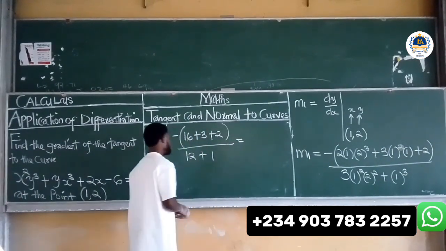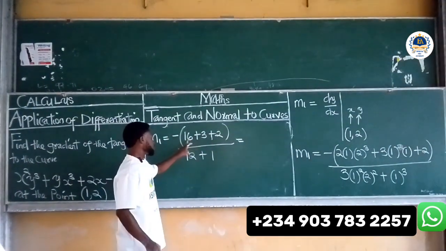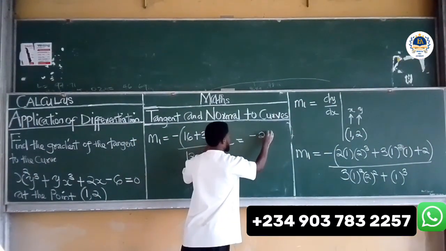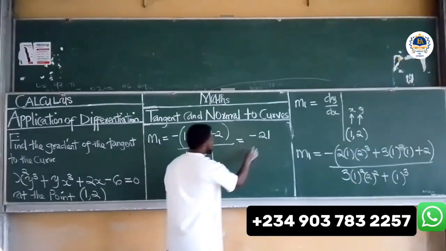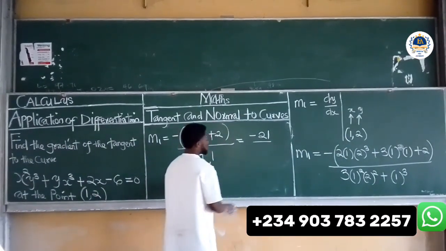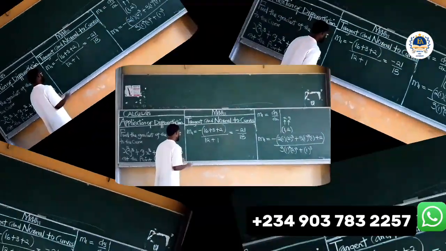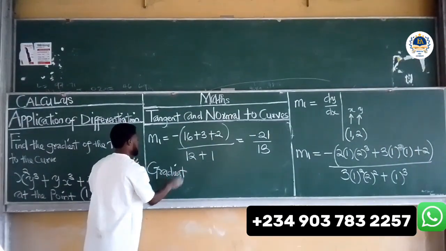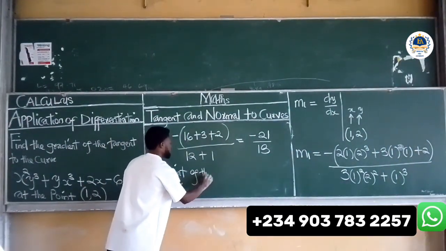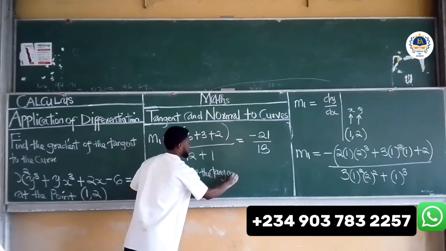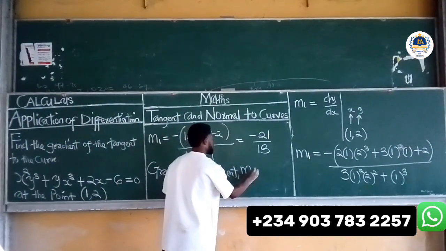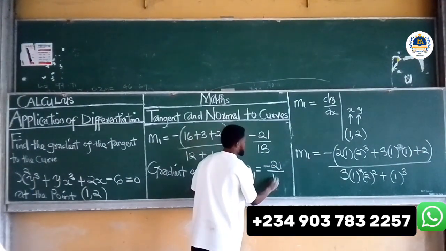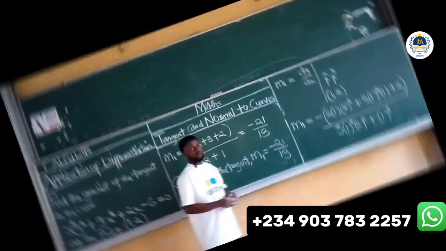And the result becomes, in the numerator, 16 plus 3 is 19, 19 plus 2 is minus 21. Don't omit the sign. Divided by 12 plus 1, which is 13. So the gradient of the tangent, m1, is equal to minus 21 over 13. And that becomes the final result.